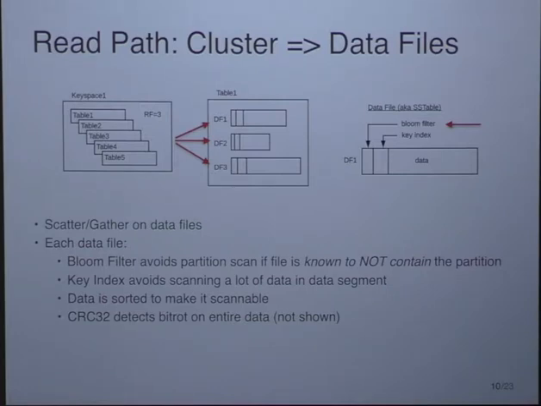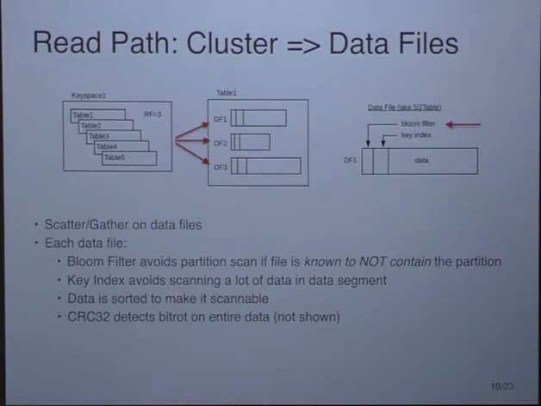Once it has an approximate location from the key index, then Cassandra will go to that location and start scanning. The data file is in sorted order, and so it can tell if it's before or after the place that the key index said to go, and it can find it from there.